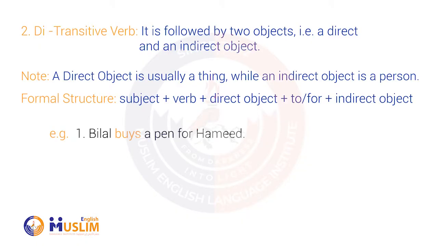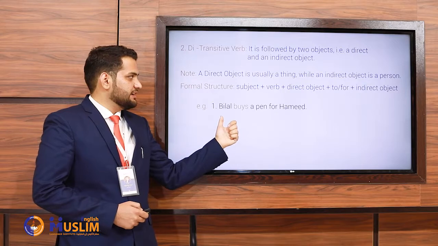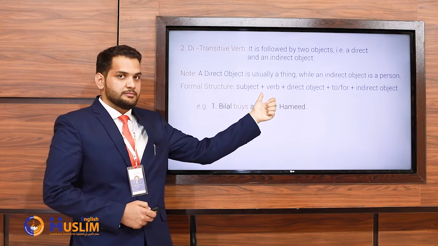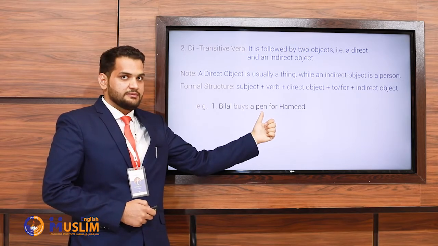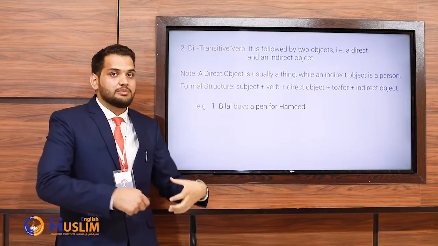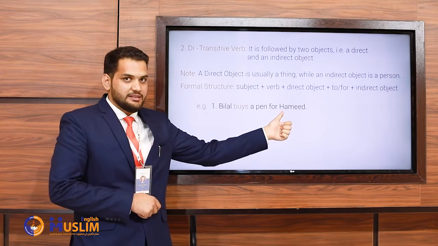For example, number one, Bilal buys a pen for Hamid. In this sentence, Bilal is the subject, buys is the verb. A pen is the direct object because it receives the action first. First of all, Bilal buys a pen and then he gives it to Hamid.